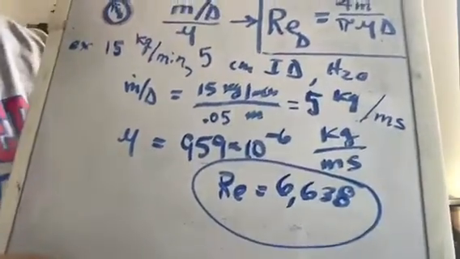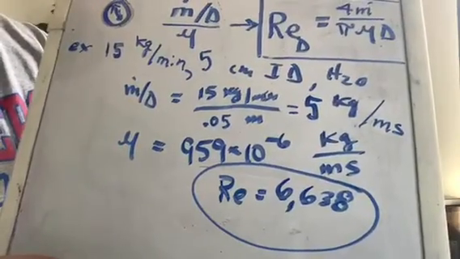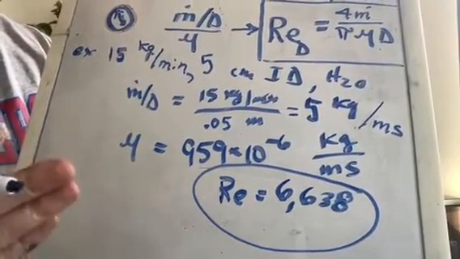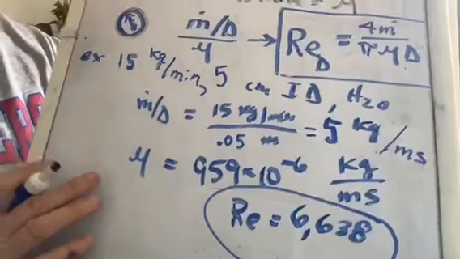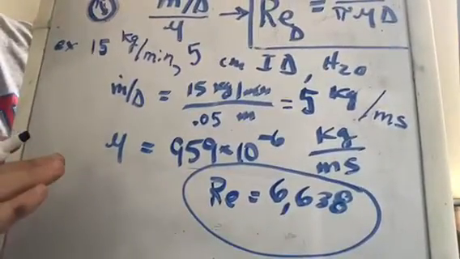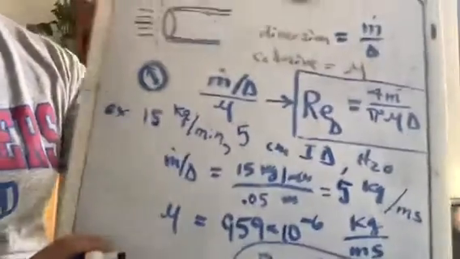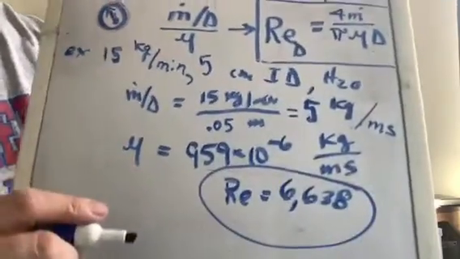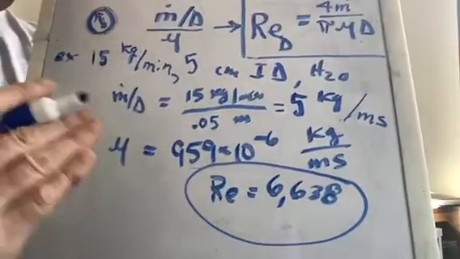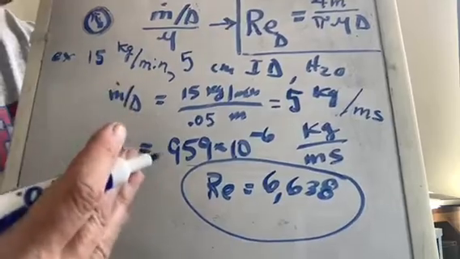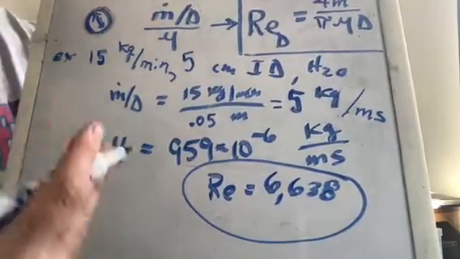Okay, so what does that end up telling us? Well, that ends up telling us for every different type of flow around a cylinder, flow over a plate, flow through a pipe, like this scenario right here, there is a break-off number that tells us whether we're in the smooth region or the laminar region, and that works for any type of fluid.